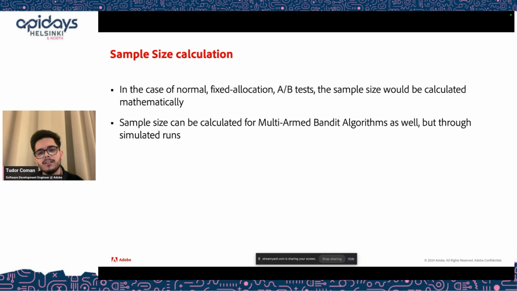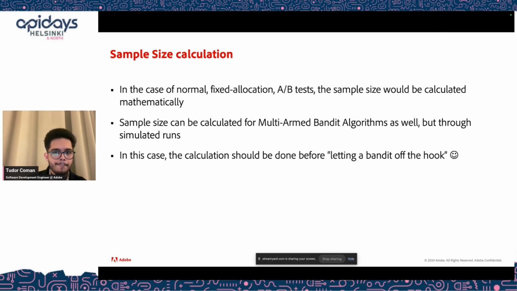As I said, you're talking about probabilistic policies, so you will need to do some simulated runs in a Monte Carlo simulation method or something like that. You can calculate an approximation of how many users you need. In this case, the calculation should be done before letting a bandit off the hook.